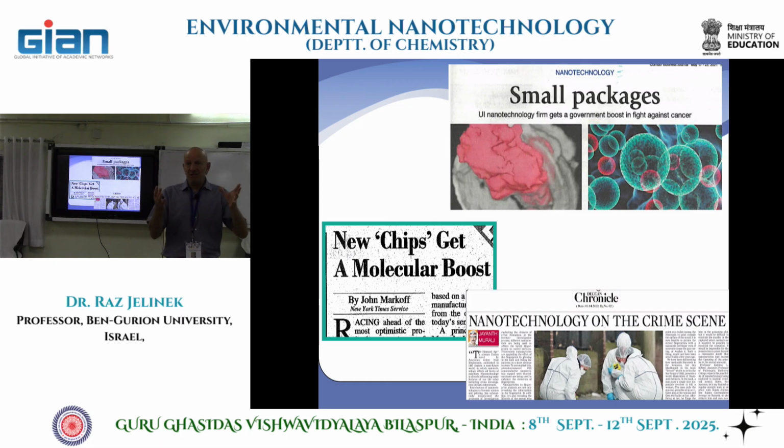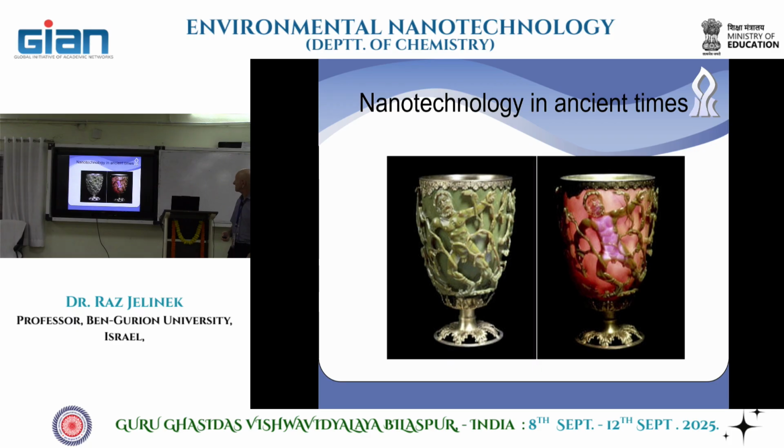I think many people in the streets, even not students like you or scientists, have heard the term nanotechnology. Maybe they don't know exactly what it is, but they heard about it. You can see just a sample of 3 totally random articles from newspapers about nanotechnology: nanotechnology in crime, nanotechnology in electronics, and in other aspects.